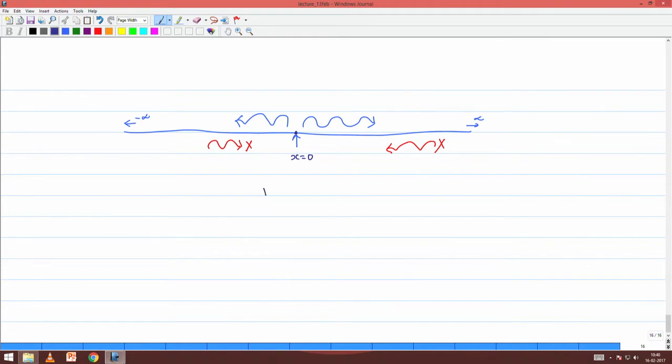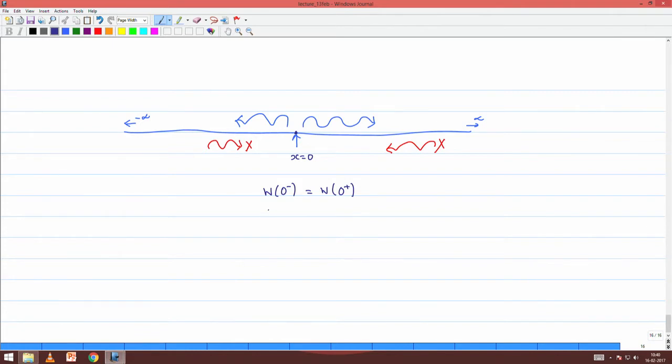And so, you have to essentially satisfy 4 conditions at this point. I am calling this point x equals 0. So, at x equals 0 you need w(0-) to be equal to w(0+), that means the displacements from the two sides must match, right.